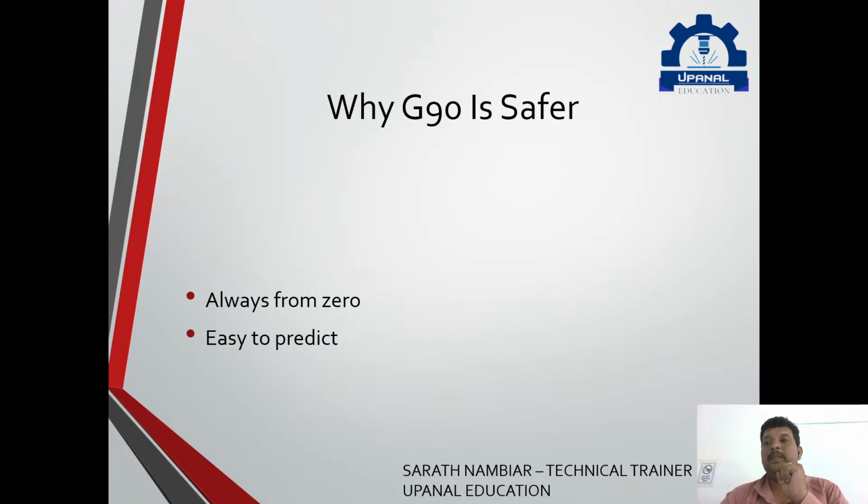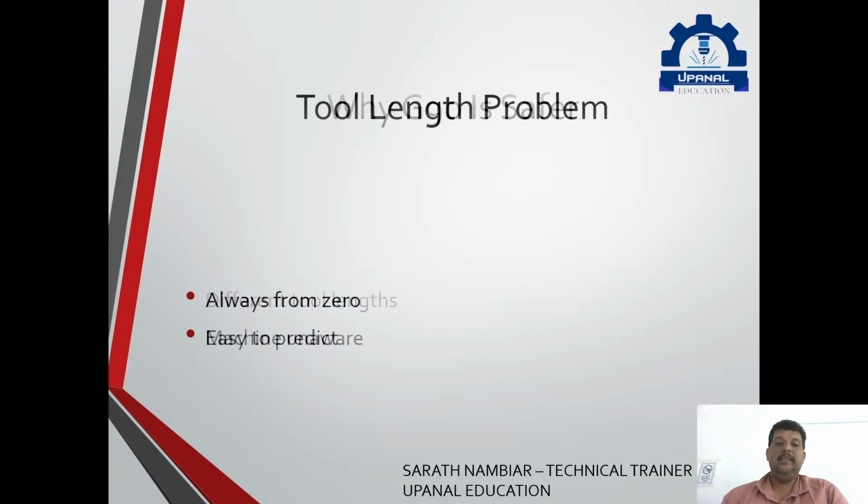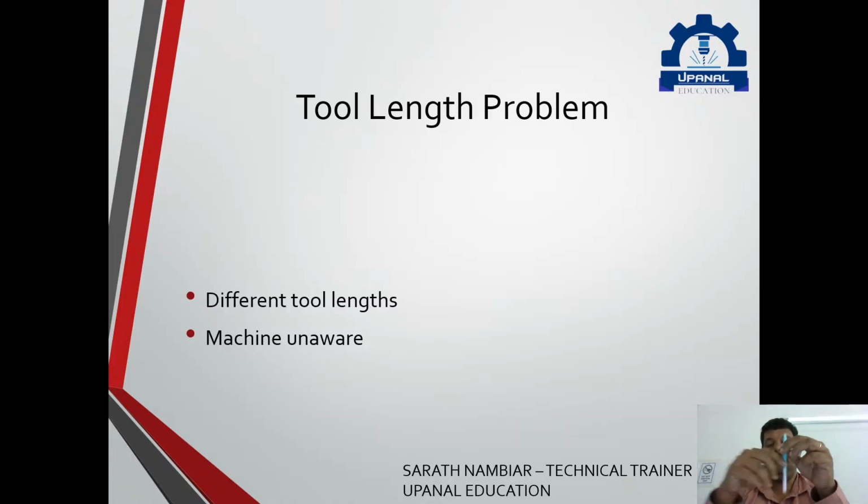Okay, now next thing is the tool height. See, in a CNC machine there will be multiple tools. There will be lengthier tools, there will be lengthier smaller tools, everything, but the base will be the same, right?